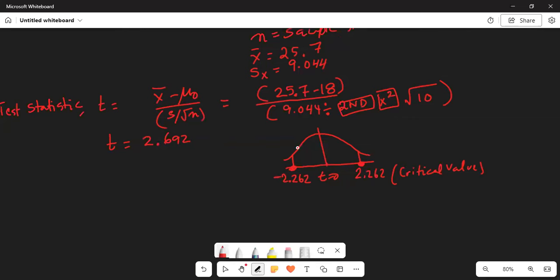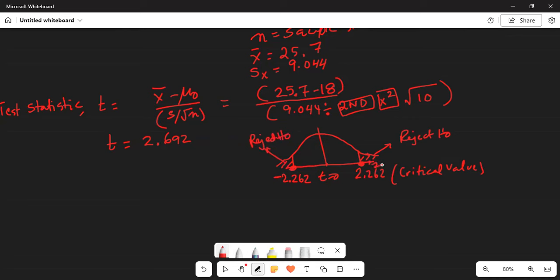Now my test statistic is 2.69, which is greater than 2.262. Remember this area on the left tail and the right tail where we reject H0. Now 2.69 will be somewhere over here.